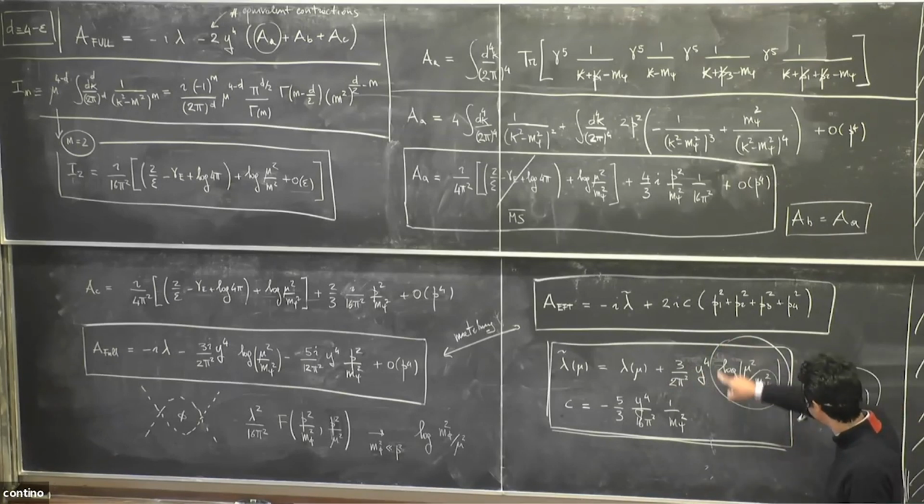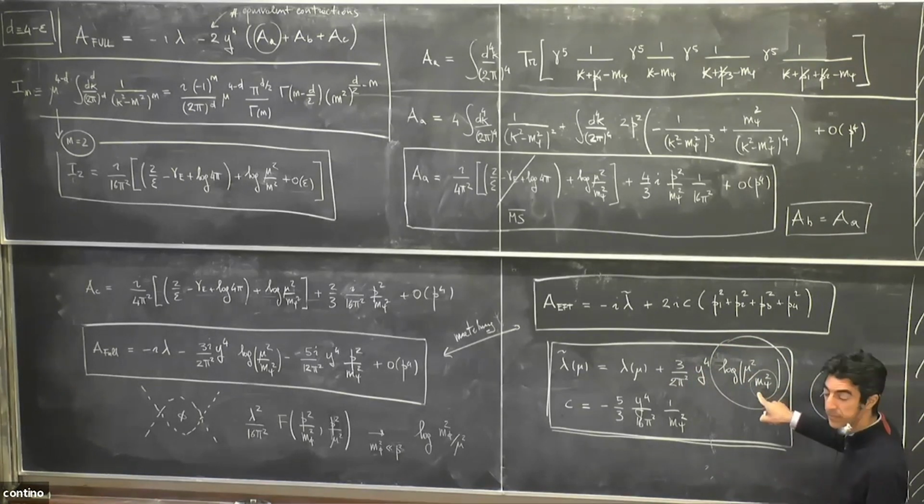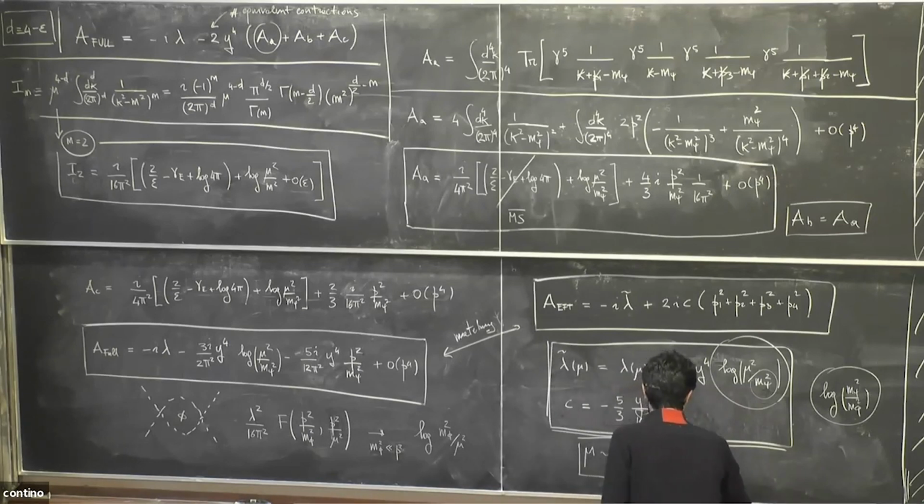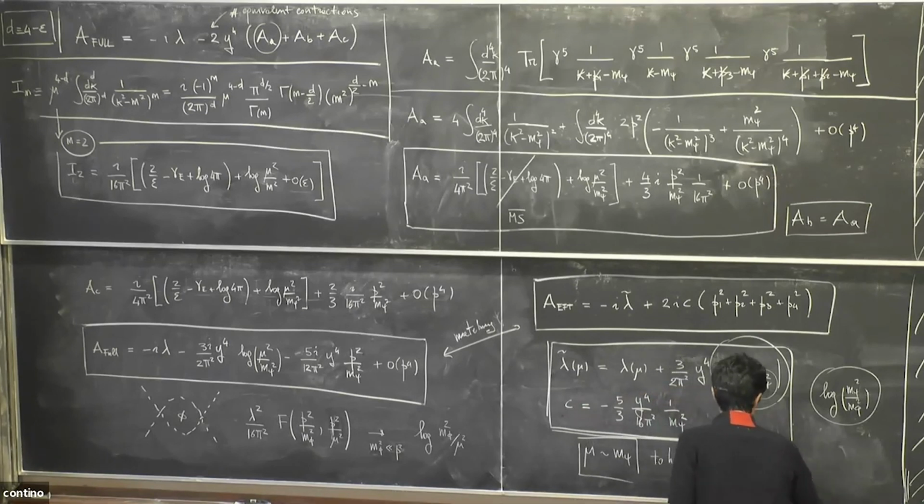So this log is a signal of the fact that a good choice in order to keep everything perturbative is mu of order m psi. Okay, and this is what you have to do in order to have perturbativity in the matching.